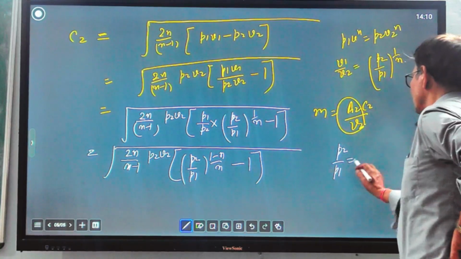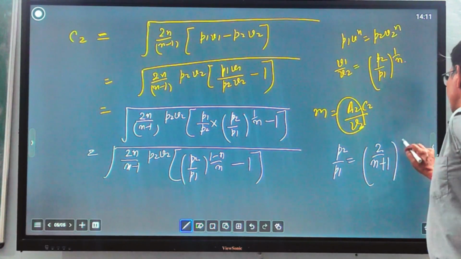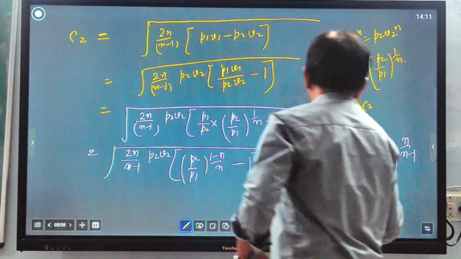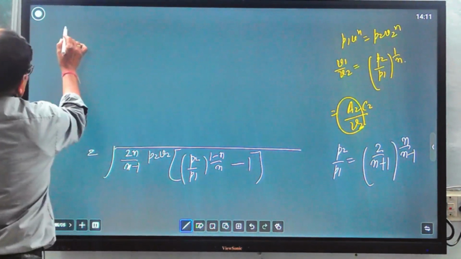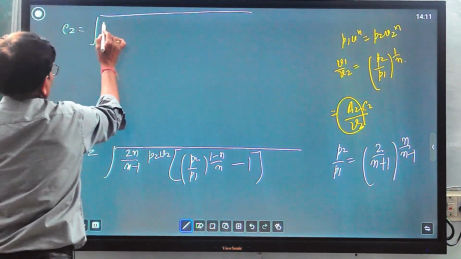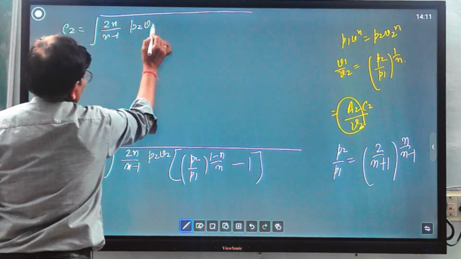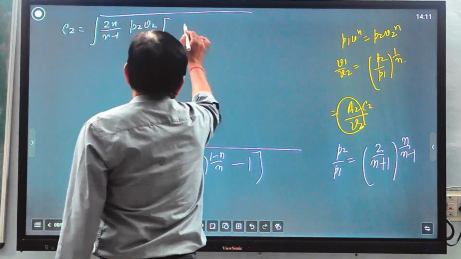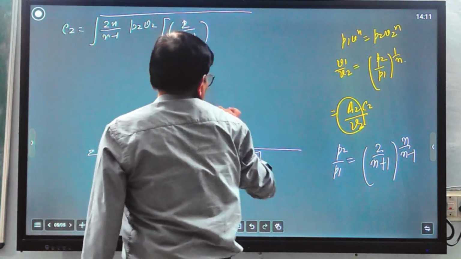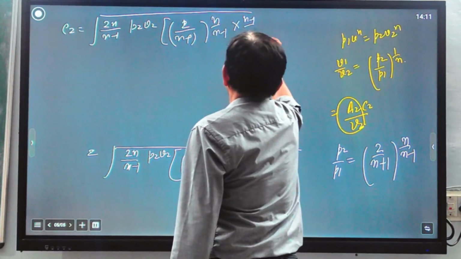So now putting the condition of maximum discharge, already we have taken P2 by P1 equal to 2 upon n plus 1 to the power n upon n minus 1. Putting the value of P2 by P1 in this equation, c2 equal to under root 2n upon n minus 1 P2 V2, and that will be equal to 2 upon n plus 1 to the power n upon n minus 1 and to power n minus 1 upon n.